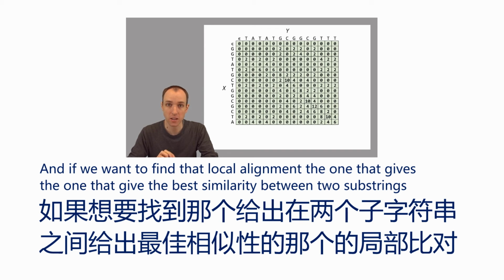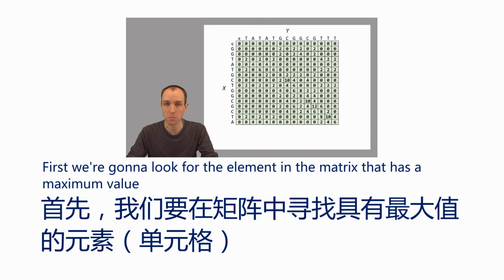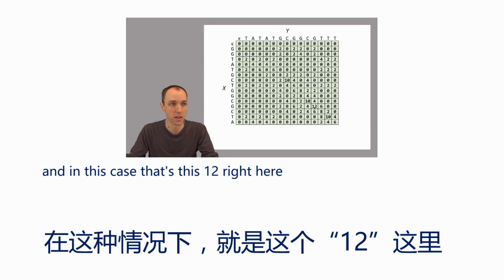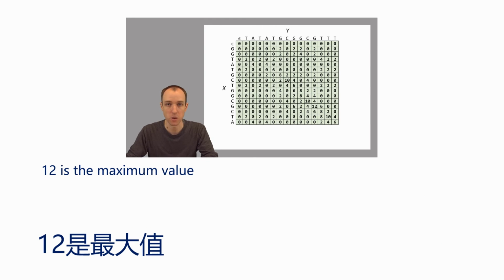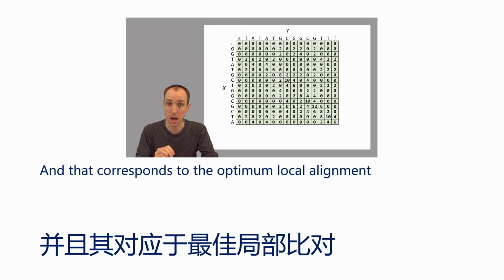And if we want to find that local alignment, the one that gives the best similarity between two substrings, first we're going to look for the element in the matrix that has the maximal value. And in this case, that's this 12 right here. That 12 is the maximal value. And that corresponds to the optimal local alignment.